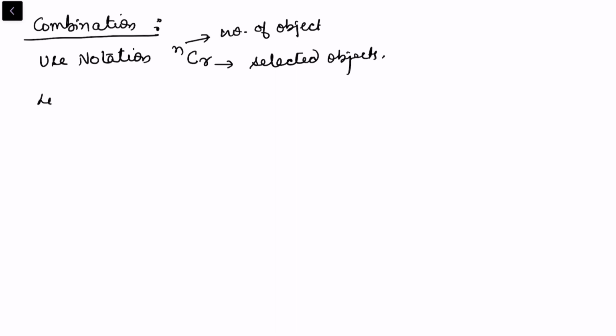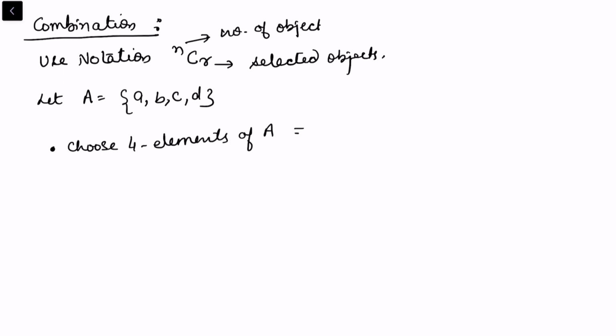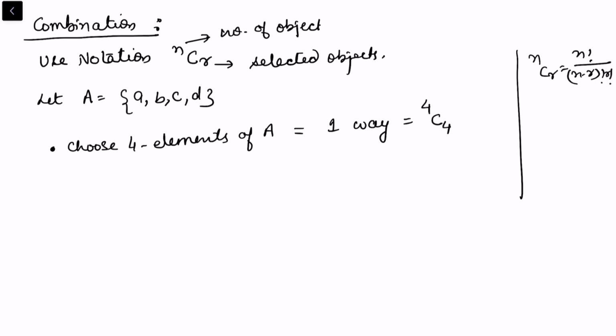Let's again consider A, which is A, B, C, D. If I choose 4 elements of A, which means all elements of the set A are selected, this can be done in only one way. So in the notation we write 4C4, and later I'll give you the formula, which everybody is quite familiar with: n factorial upon n minus r factorial into r factorial. But we will see this in the coming steps. And now the 3-combinations of A. Suppose that set A has 4 elements and I only want to choose 4.